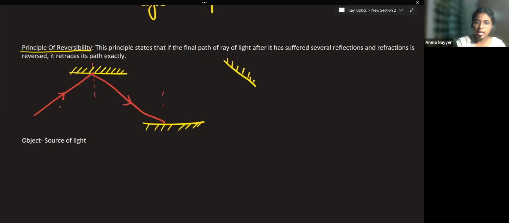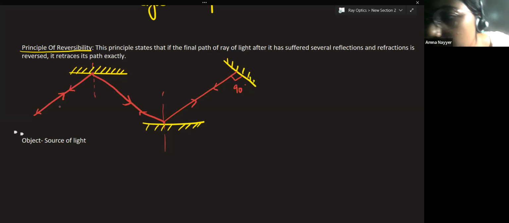Then here also. Now, if this angle is 90 degree over here, the light ray will travel the path as it is. Here it will strike, then it will go, then here, and ultimately it will move on like this. This is what is meant by principle of reversibility.